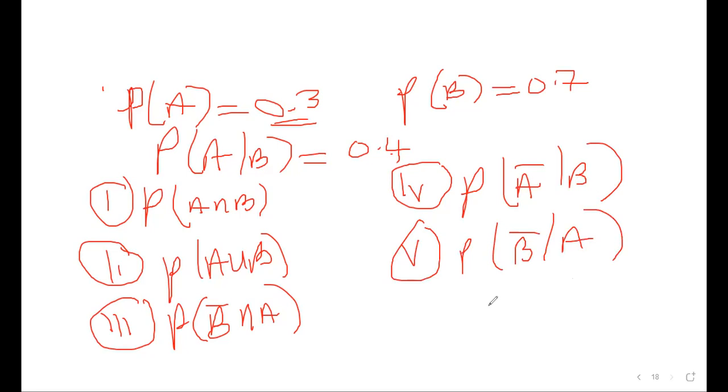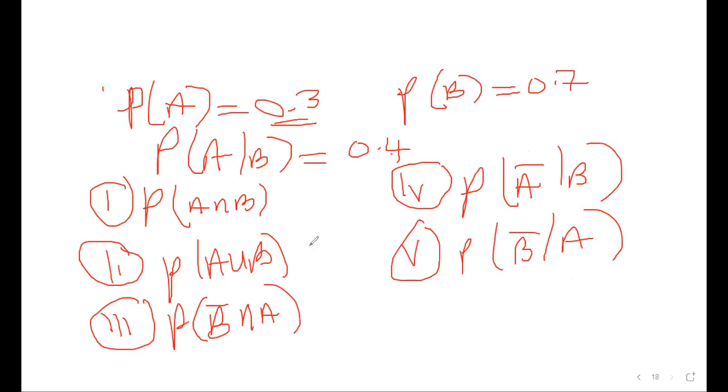And then testing if these events are mutually exclusive: anytime you find an intersection set, it means the events are not mutually exclusive.